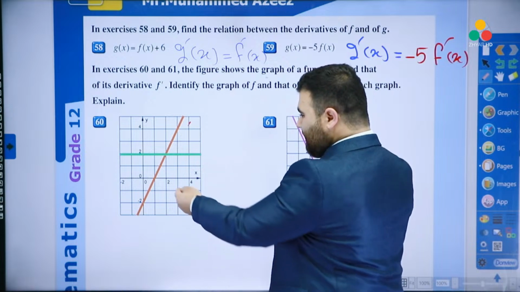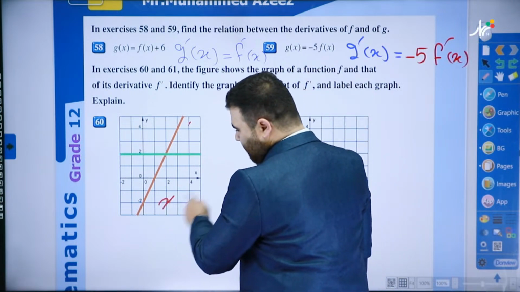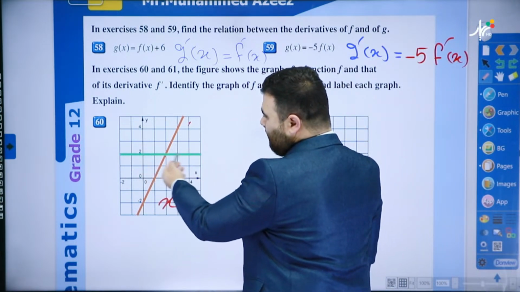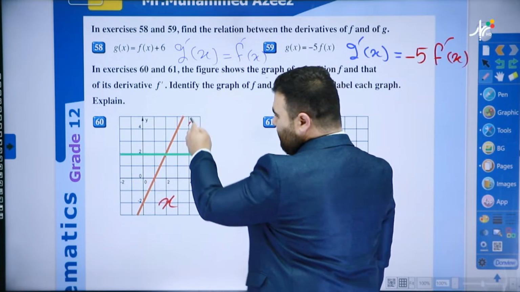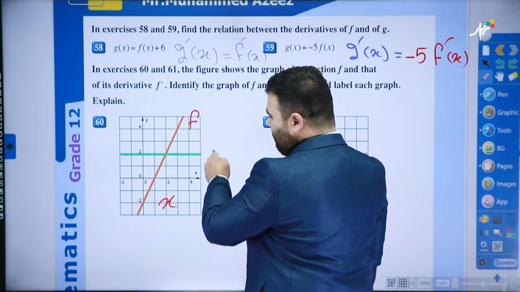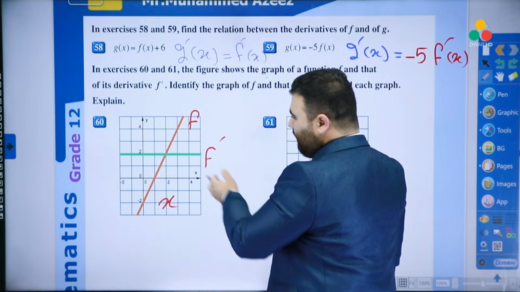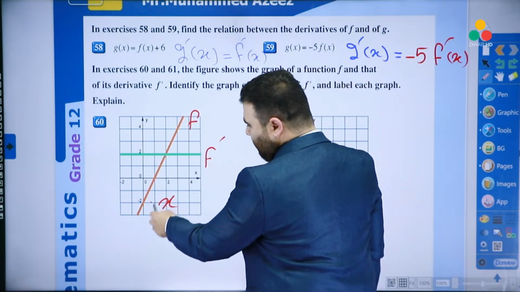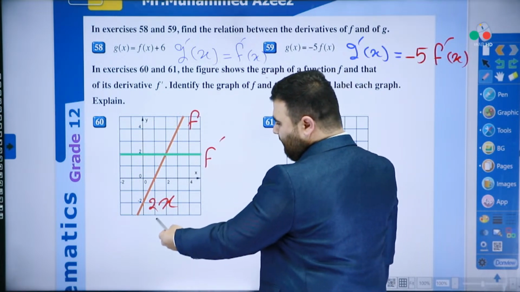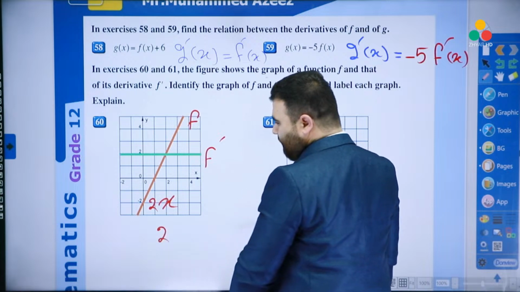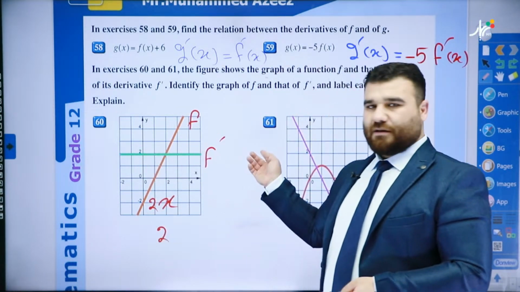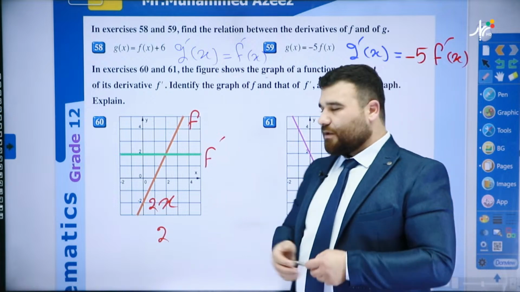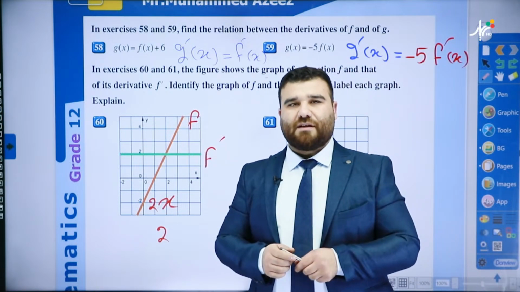Basically, this is something containing x, then this is the constant, it's a number. Then this is f, this is f prime. For example, let's say the orange line is 2x. What's the derivative of it? The derivative is 2, and this is the graph of y equal to 2. It's a horizontal straight line.